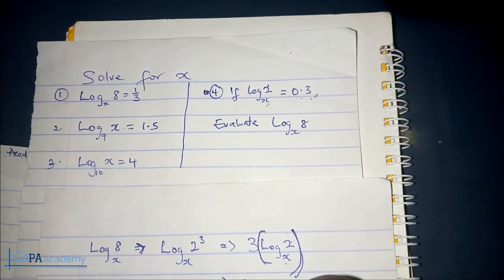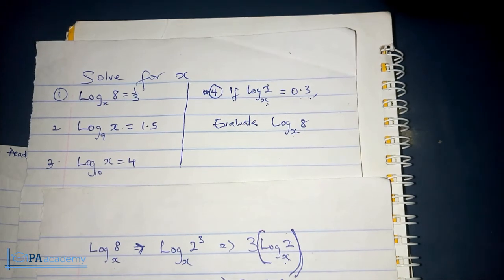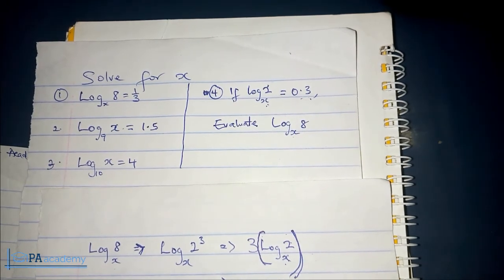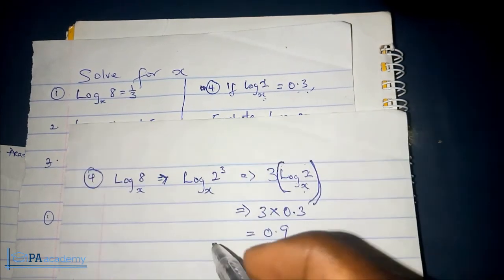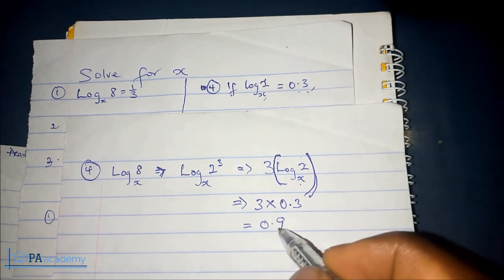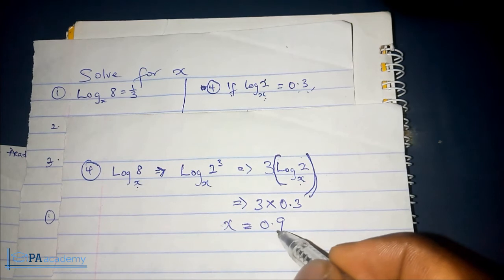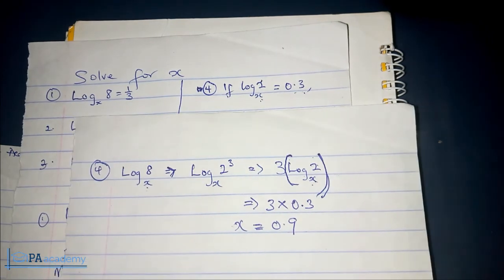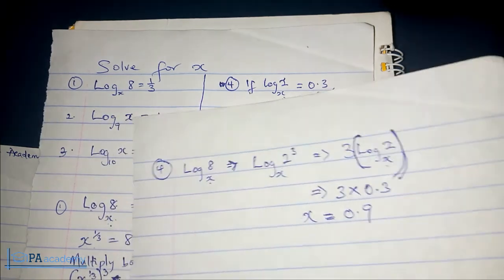So that means we'll have 3 times 0.3, so that will be 0.9. So the answer for this example 4 is 0.9. So that is it for the solution to this example.